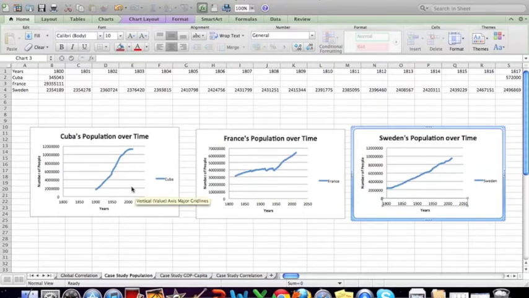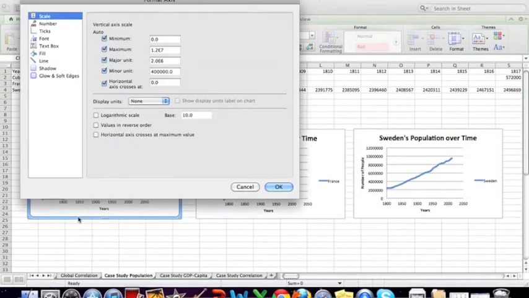So now we want to fix the y-axis. And like I said, France's population chart ends at 70 million people. So that's actually what we want to change Cuba and Sweden to, is 70 million. So right click, format axis, and we want to change the maximum to 70 million people. So I'm going to add 7 zeros after this. Okay.